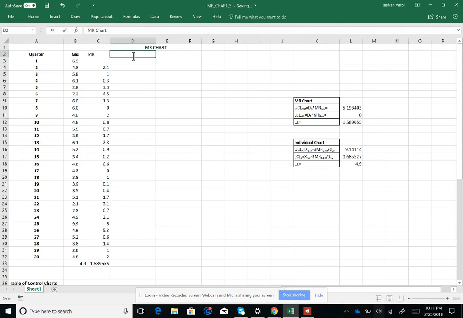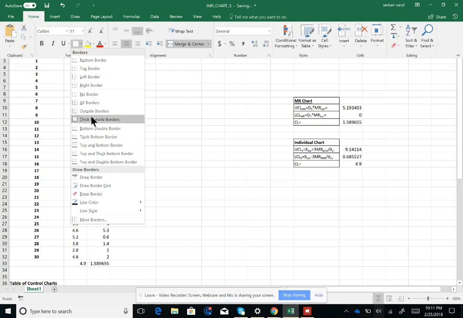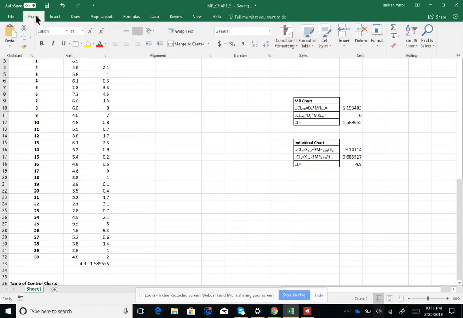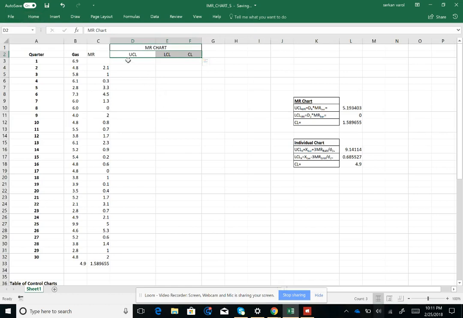So upper control limit, lower control limit, and central limit. My upper control limit, lower control limit, and central limit. I'm basically transferring all these numbers here to these columns, okay?